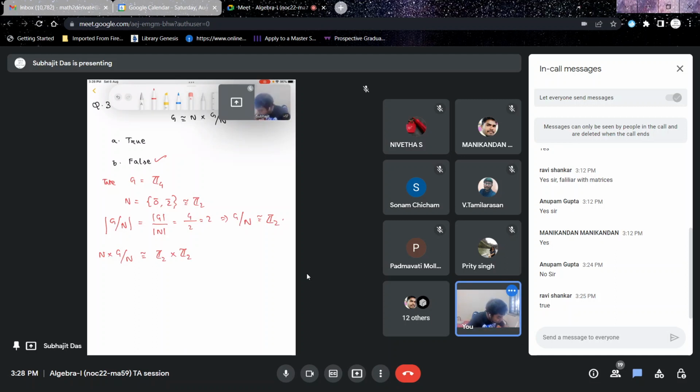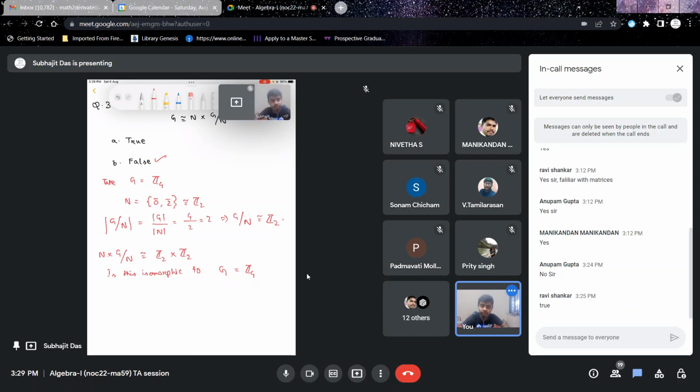Now, is this isomorphic to G, which is Z4? Is it the case that Z2 cross Z2 and Z4 are isomorphic groups? Both are groups of order 4, but are they isomorphic? Z2 cross Z2 is the Klein 4 group that you know, and Z4 is the cyclic group of order 4.